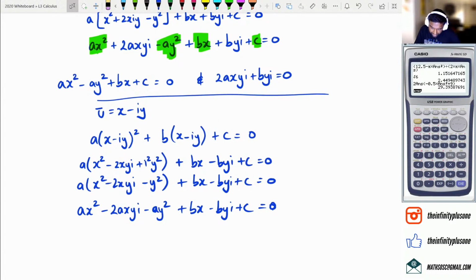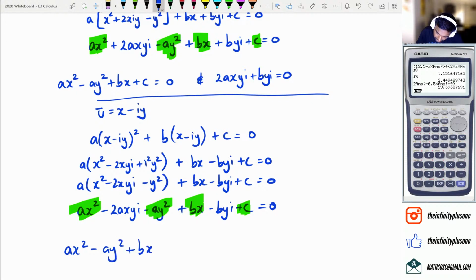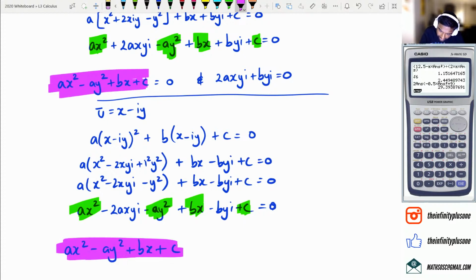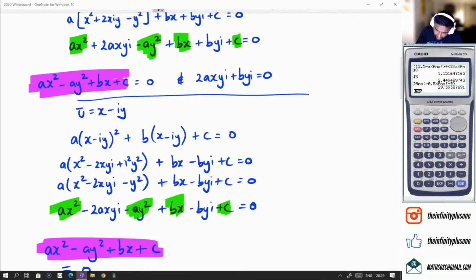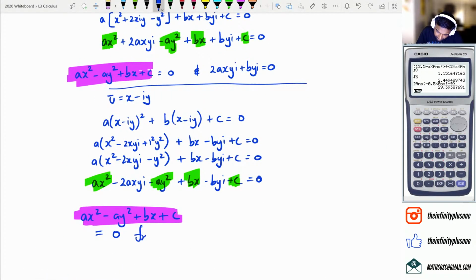At this point, I'm going to go back and collect my real things again, exactly what I did before. So that's real, that's real, that's real, and that's real. When I put it together, you'll notice I am getting the exact same thing I got at the top, so I can say it equals 0. Might put a little note from above.